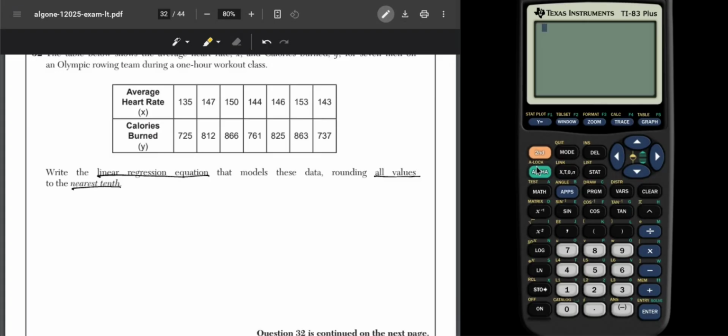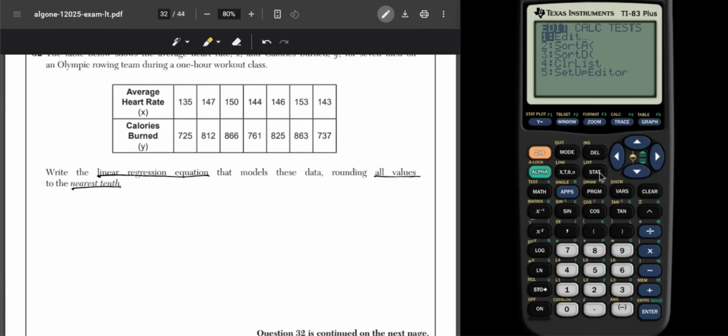So you're going to hit second 0, which is going to open your catalog, and you're going to scroll all the way down until you see diagnostic on. See diagnostic off, go down, diagnostic on. Click enter. Click enter again until you see done. Now I can put my values into my table of values.